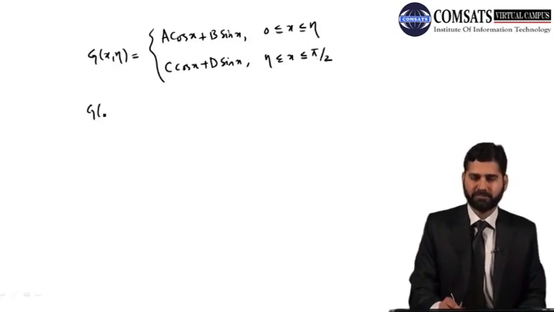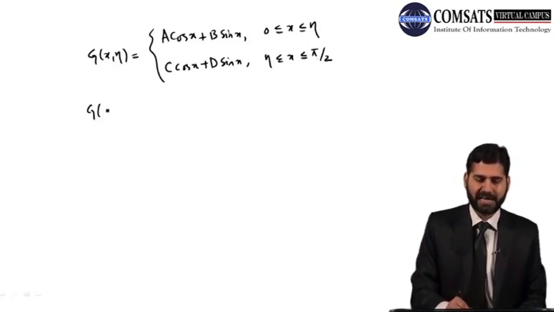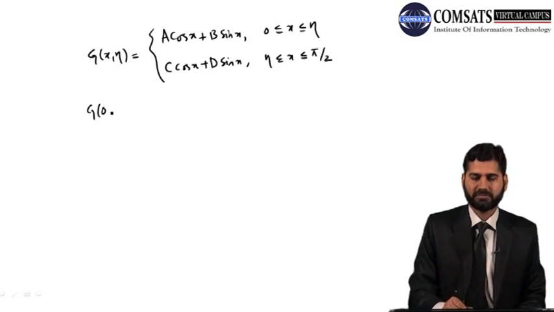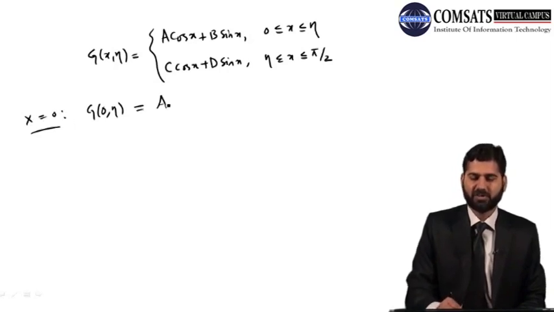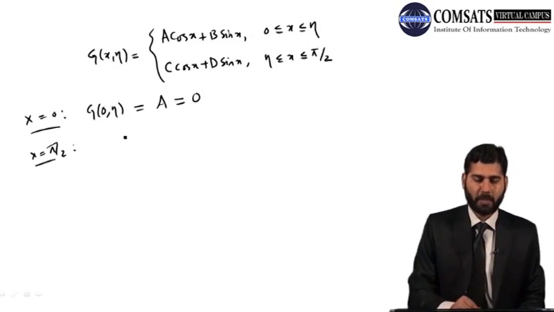Now if you satisfy the conditions, g at x is equal to 0, g(0, eta) is 0. So what is this? A cosine 0 is 1, so it's just a. So this has to be 0. And when x is pi by 2, you have g(pi by 2, eta).